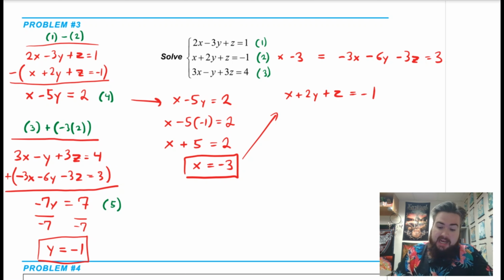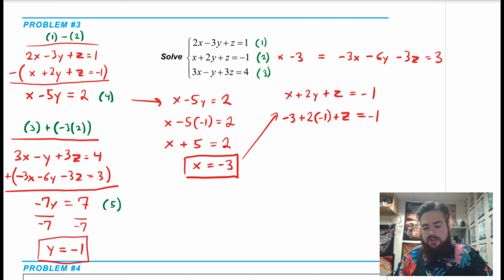I'm going to plug in negative 3 for x, and then negative 1 for y, plus z will give me negative 1, and all I need to do there is get z by itself.